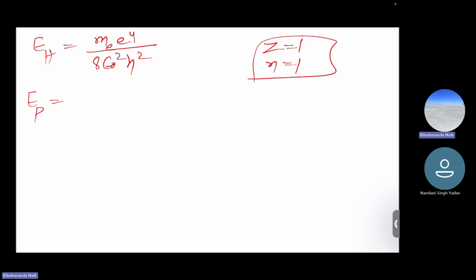suppose Ep, it will be mu e to the power 4 divided by 8 epsilon 0 square h square.